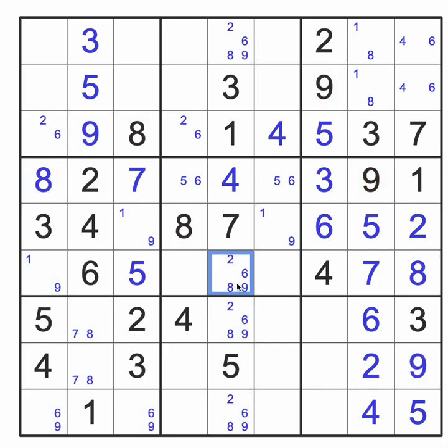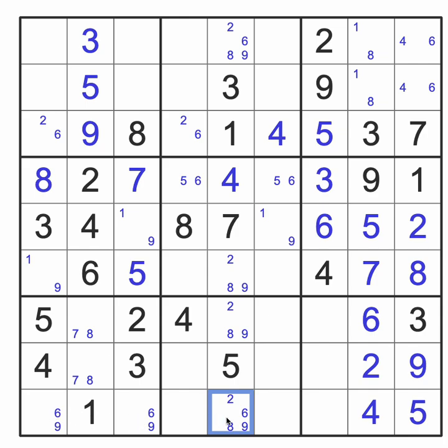2, 6, 8, 9. But I'm actually looking at 6 because this cell, because of this 6, this cannot be 6. And this cell cannot be 6 because of this 6. And this cell cannot be 6 because here's 6 9 double.